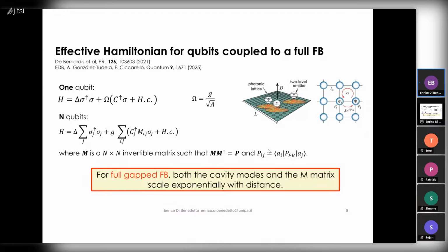When I now introduce multiple qubits, the thing is not so simple anymore, because each of the qubits couples to its own superposition mode. But now these superposition modes are not orthogonal anymore, right? They will have some overlap. So I have to do an additional unitary transformation in order to untangle these states. And this leads to the possibility to rewrite the interaction Hamiltonian in this way.